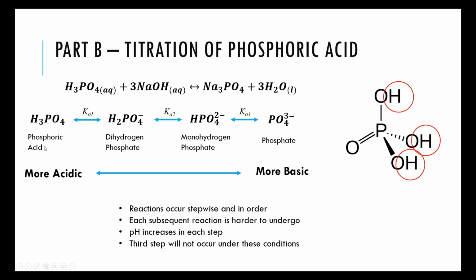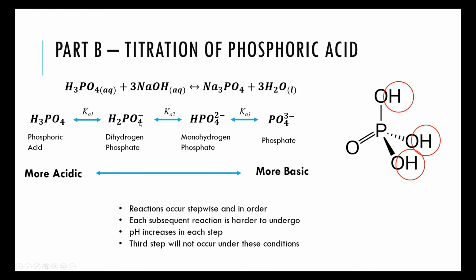Phosphoric acid will first turn into dihydrogen phosphate ion. And this has a particular Ka associated with it, the equilibrium between phosphoric acid and its conjugate base of dihydrogen phosphate.